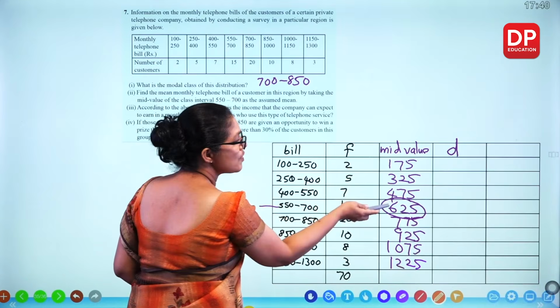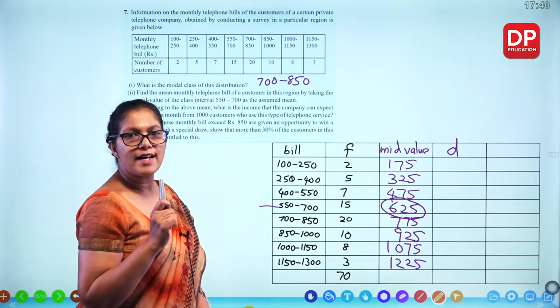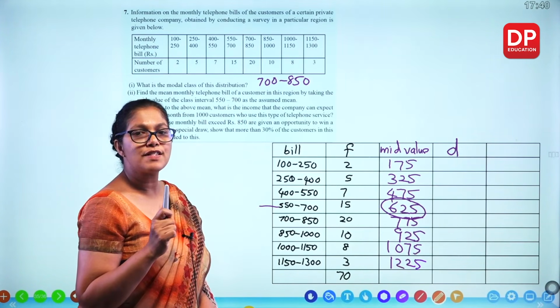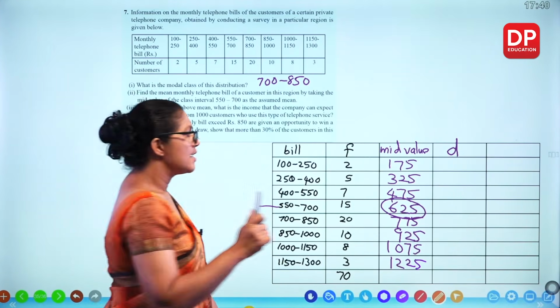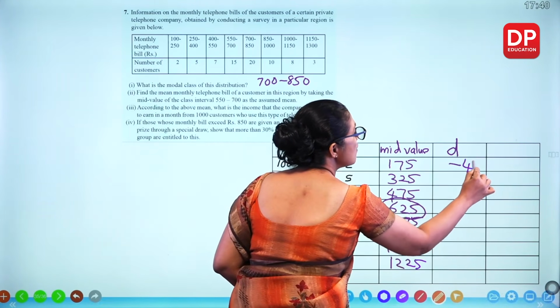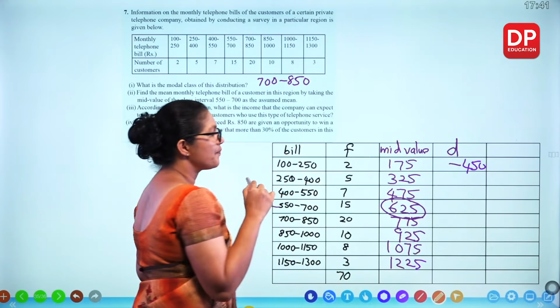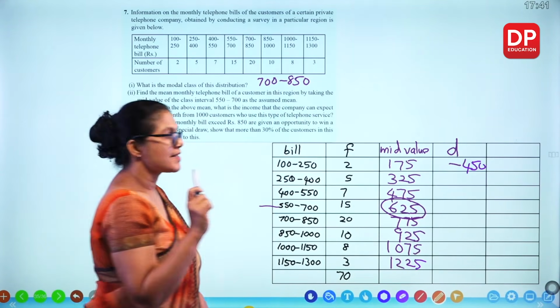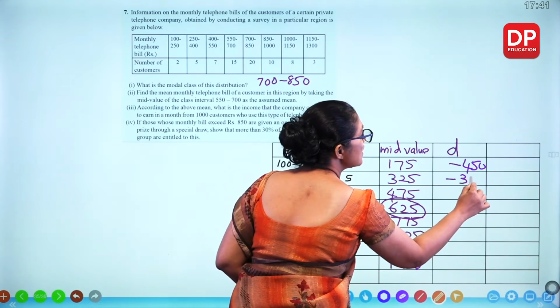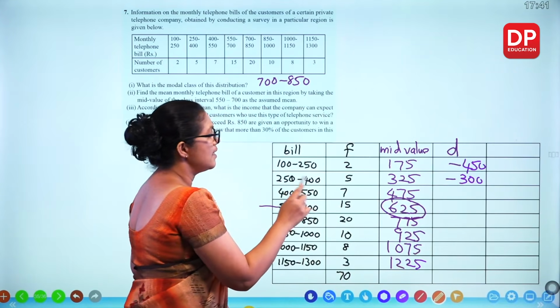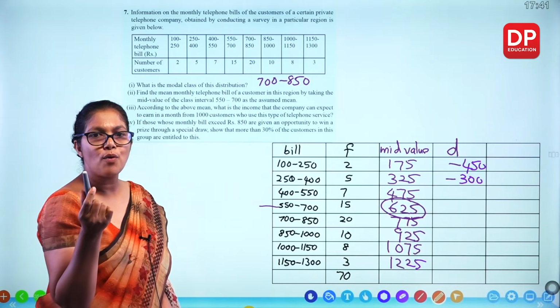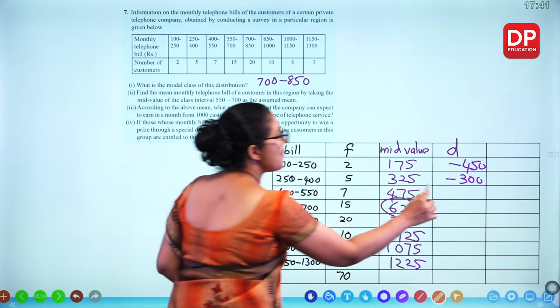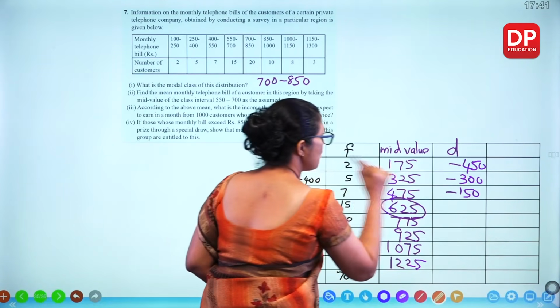Now we have to take the mid value as this and calculate the difference. So what's the difference between these two? 625 and 175. What's the difference? Minus 450. The other one, what's the difference? Minus 300. 625 minus 475, minus 150.